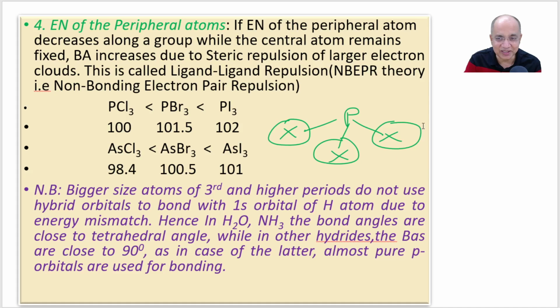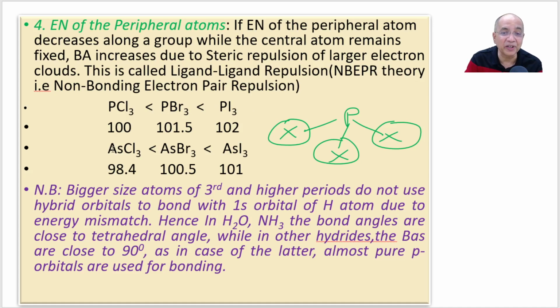These bulky atoms have large electron clouds, and they are close in space. So this is called space repulsion or steric repulsion between the bulky atoms. That is called non-bonding electron pair repulsion. Because of the repulsion of the electron clouds in space, there is an increase in the bond angle, and it is more than 90, and it goes on increasing as you change from one atom to the other with increase in size.